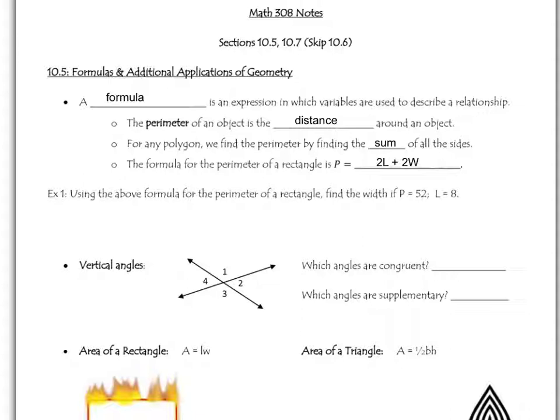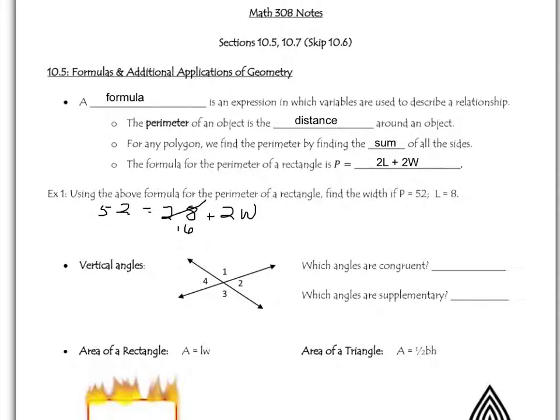So we will put P is 52 equals 2 times length, which we're given, plus 2 times W, which we don't know. So basically W is our variable and we need to solve for that variable. So 2 times 8 is 16. We're going to go ahead and write that in there.